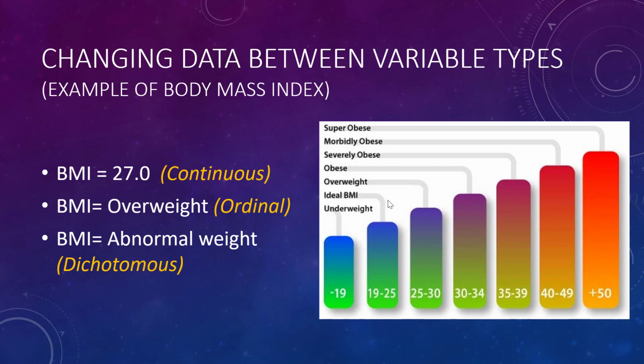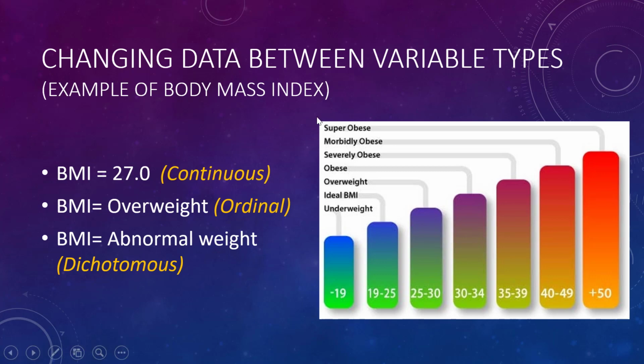One thing that sometimes happens is we can have a variable, but that variable can be listed or measured in many different ways. Or the researcher may collect the data one way and change the type of variable to another way.